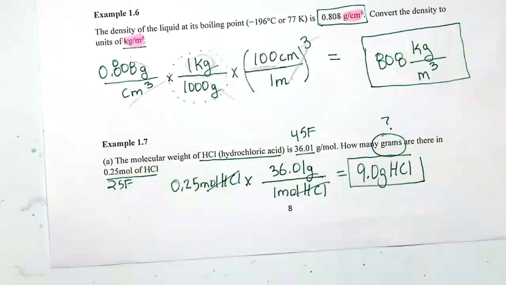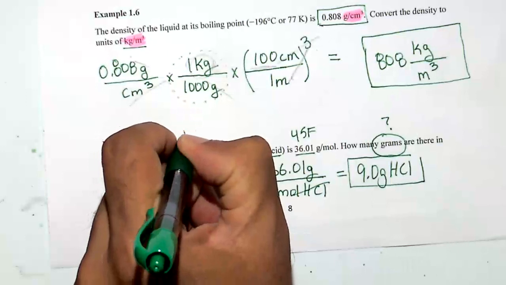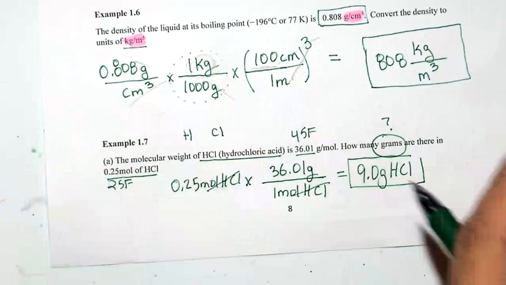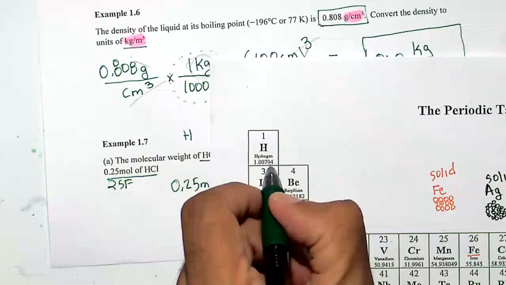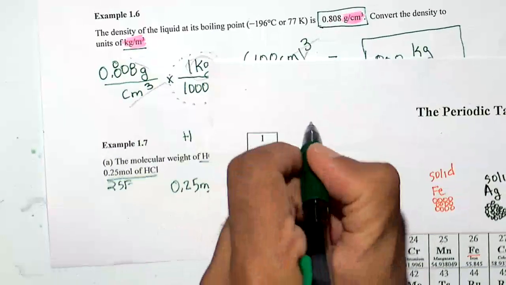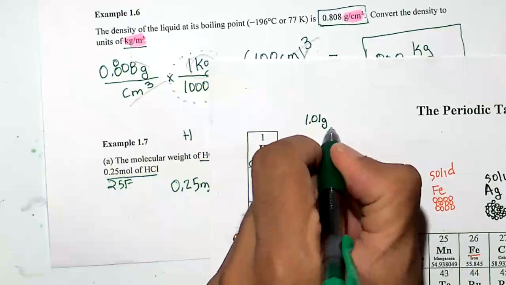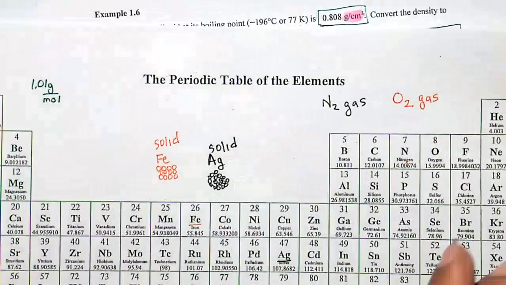So I want to show you something very interesting here. Okay, just hear me out. If you have your periodic table, if you don't, that's okay. I'll give you some, or you can get it later after class. Okay, HCl, what is it composed of? Hydrogen, and what's Cl? Chlorine. So if you look at hydrogen, you see that bottom number? Okay, it's about 1.01, and I'm going to call it grams per mole. Okay, you see that Cl here?